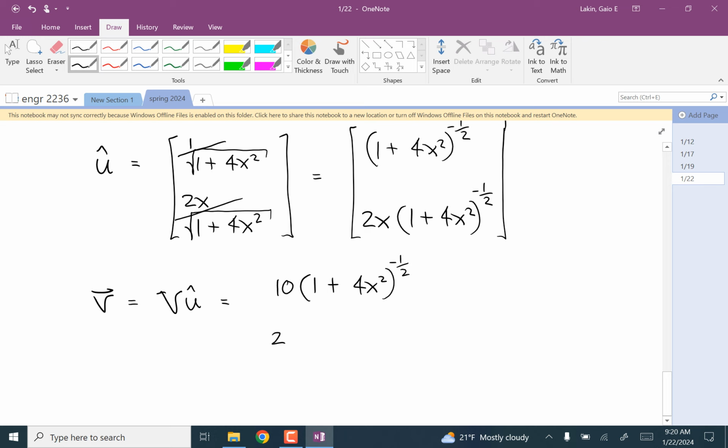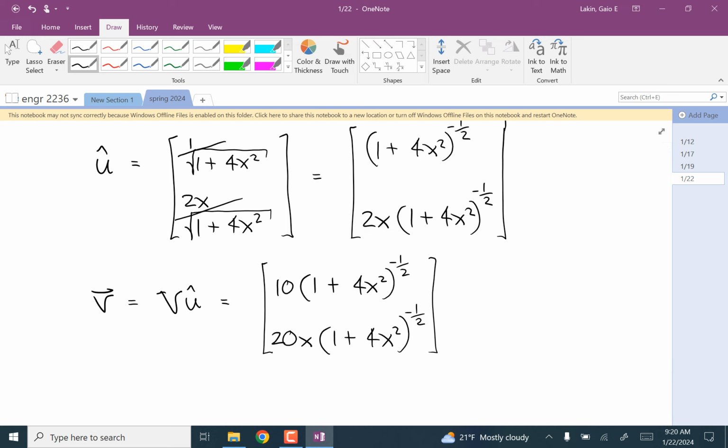And then for the y component, 20x times 1 plus 4x squared to the negative 1/2. That's kind of a messy expression, but now what we've done is we've expressed the velocity vector in terms of a position component, and now we can do what we know how to do to find the acceleration.